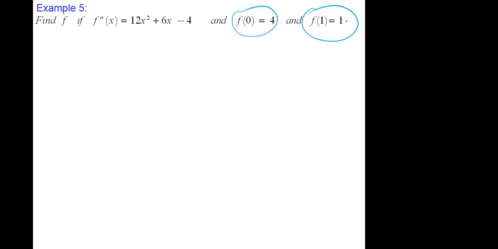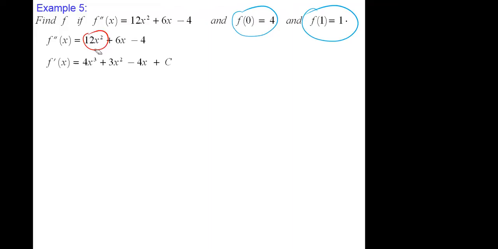Let's see. That means this is my second derivative, 12x squared plus 6x minus 4. Do you think you can give me the antiderivative for 12x squared? 4x cubed, really good. And for 6x? 3x squared, really good.